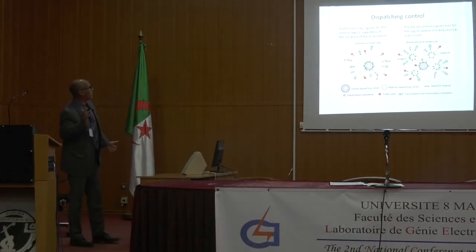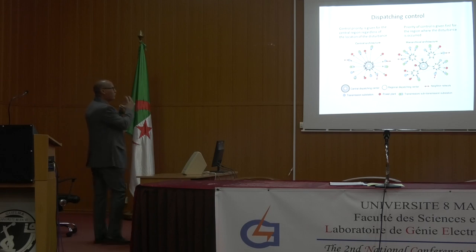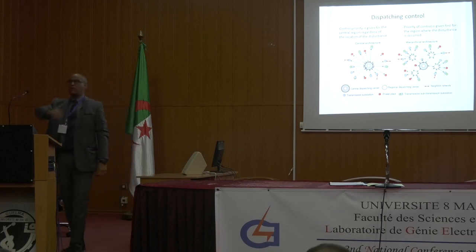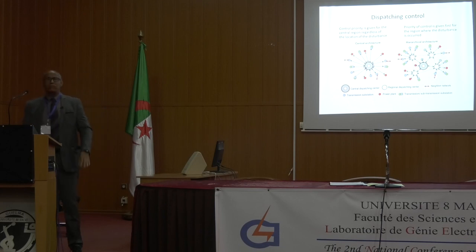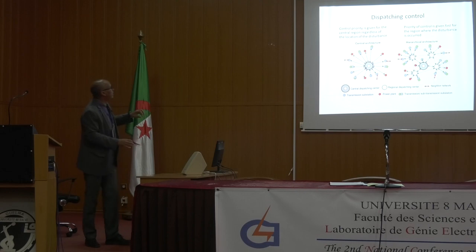Okay. Dispatching control. In the centralized case, the control priority is given to the central region regardless of the location of the disturbance. If there is a disturbance anywhere, it's not a problem; the centralized control takes the priority to control this disturbance.